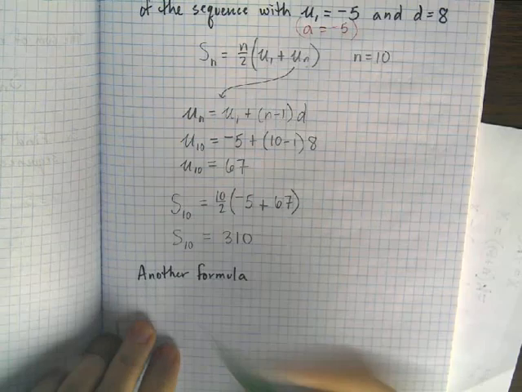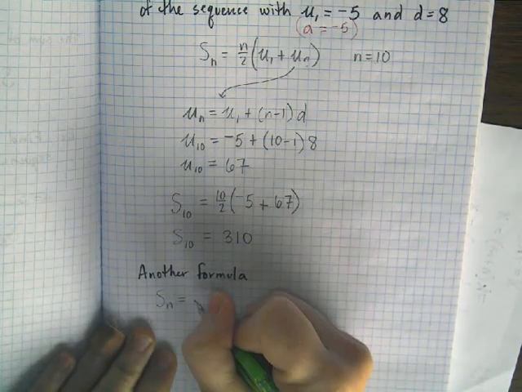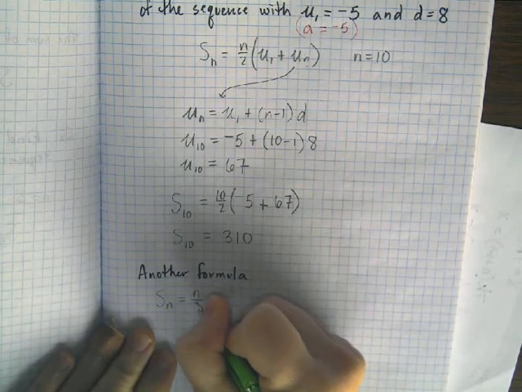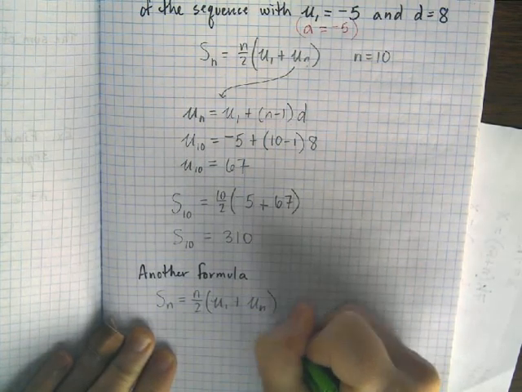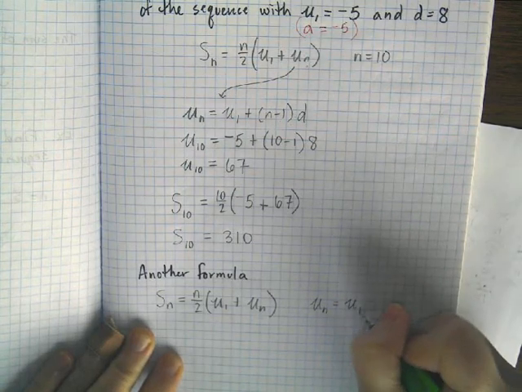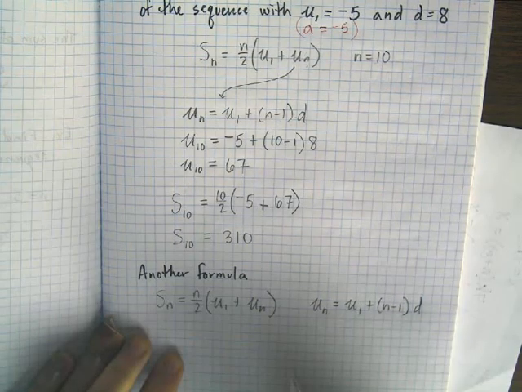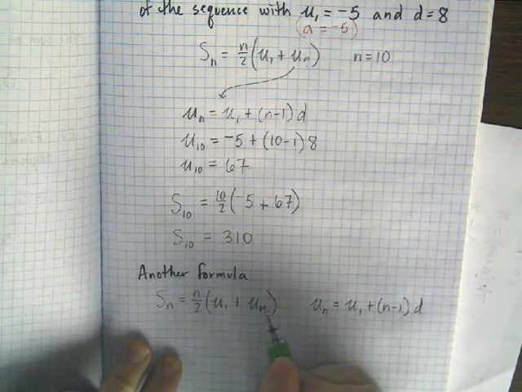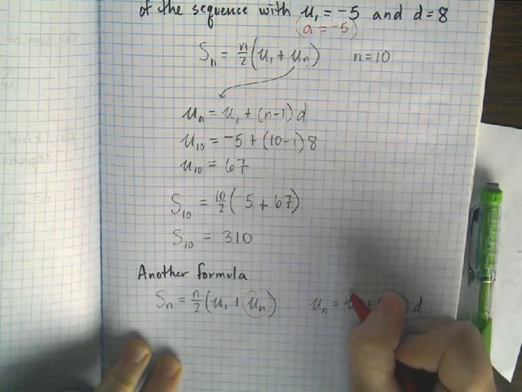So we have S sub n, the sum of the sequence, is equal to n over 2 times u sub 1 plus u sub n. And we know that u sub n is equal to u sub 1 plus n minus 1 times d. So where my u sub n is over here, I can substitute in all of this.